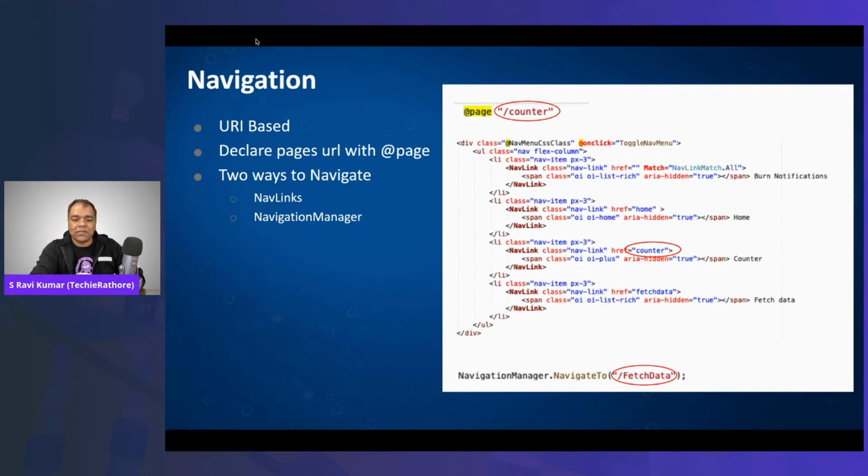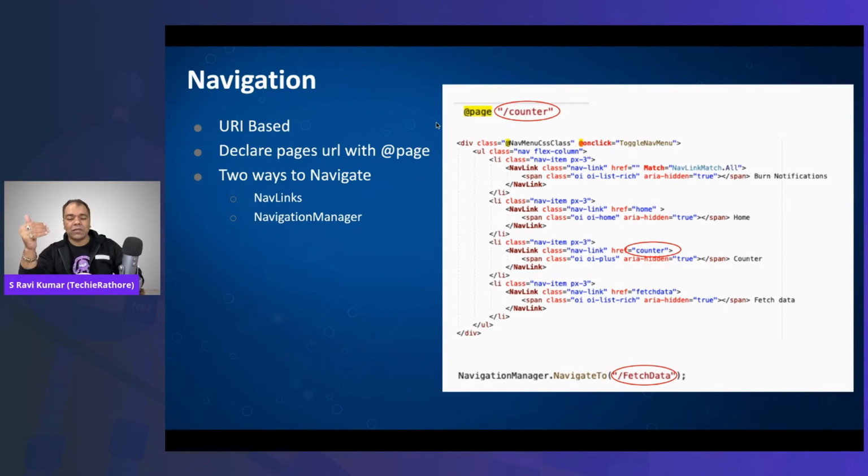Once you add @page and then /counter, it becomes a URI. You can see here in href that we have href equal to counter, so we can call this page using counter. So this URI based navigation is done.